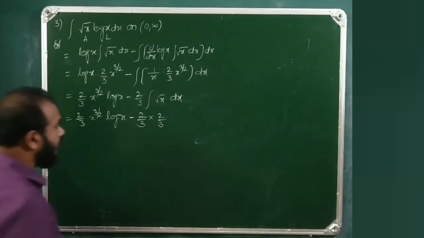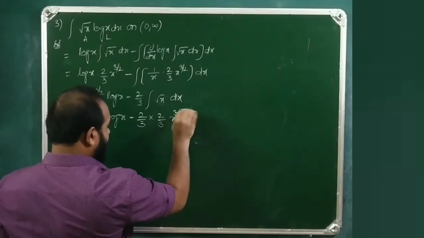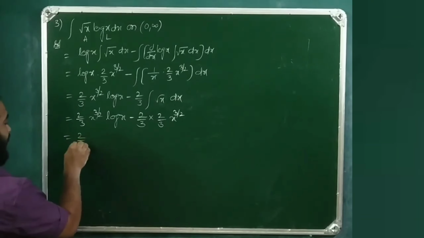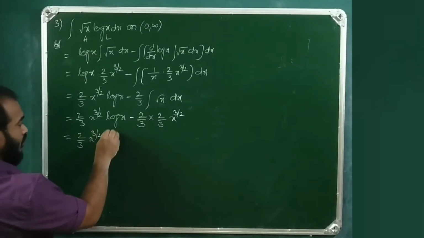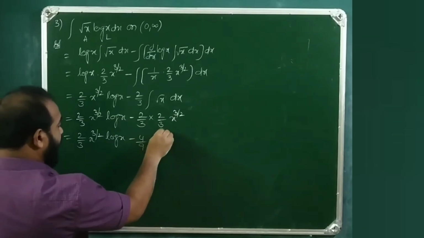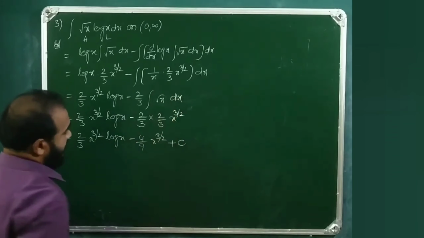So this is equal to 2 by 3 x power 3 by 2 log x minus 4 by 9 x power 3 by 2 plus constant of integration c.